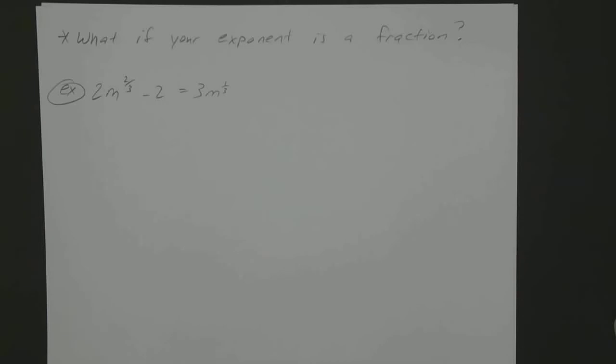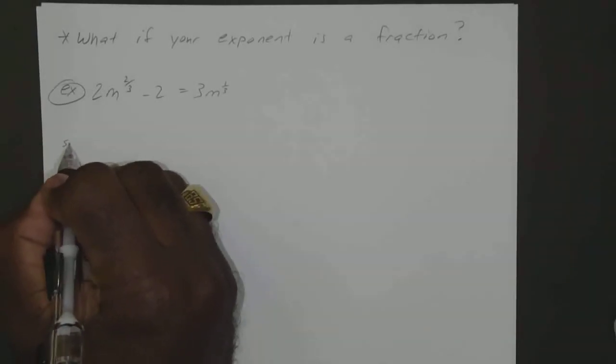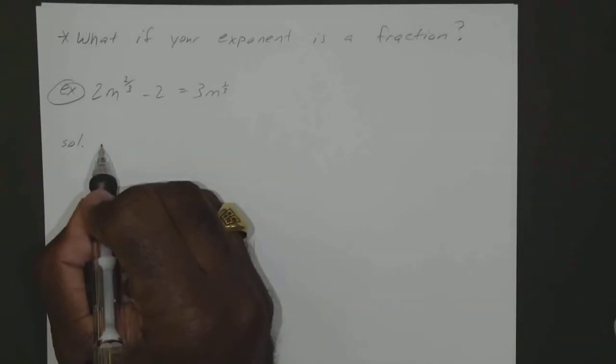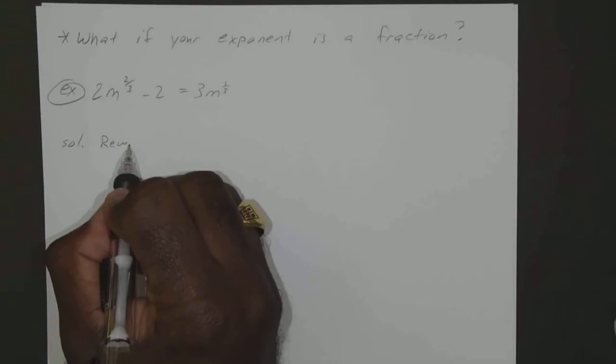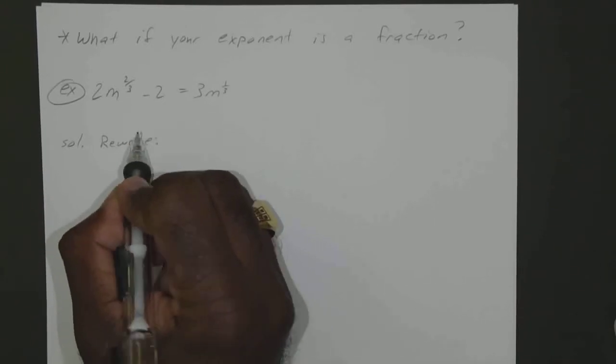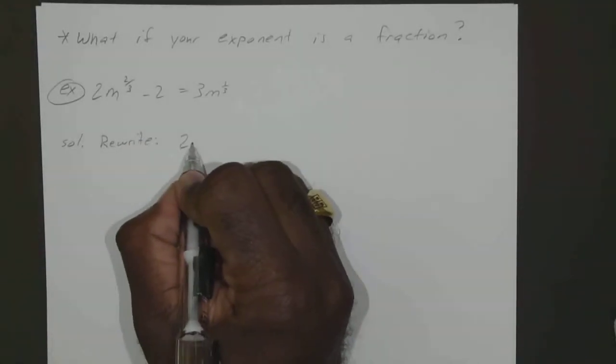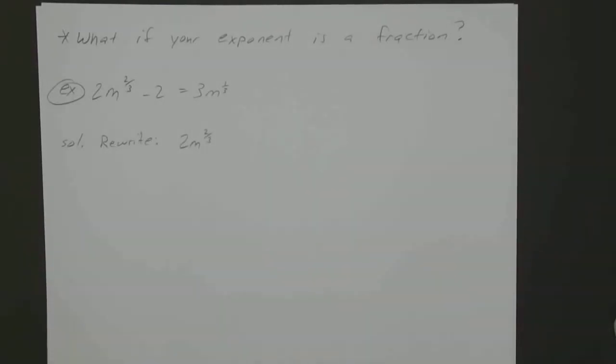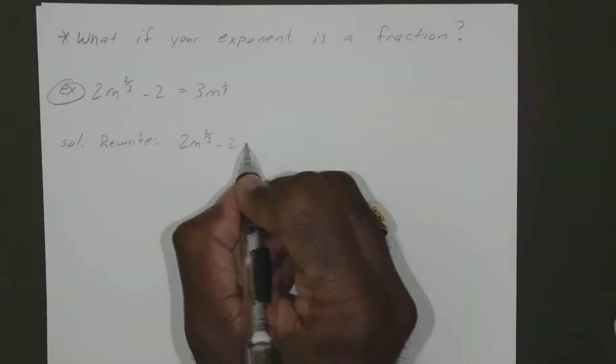Okay. So the first thing you want to do is put it in quadratic form. So you want to move everything to one side and make it equal 0. Okay, so you have 2m to the 2/3 power minus 2.